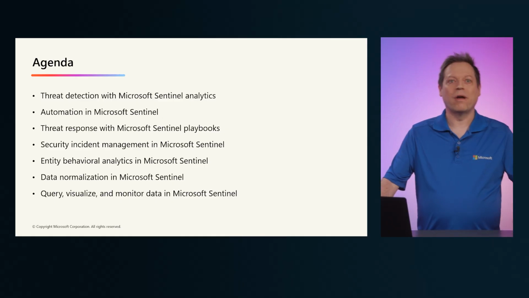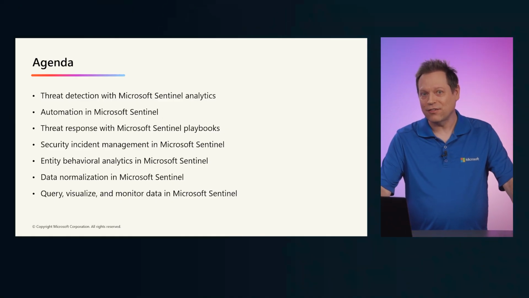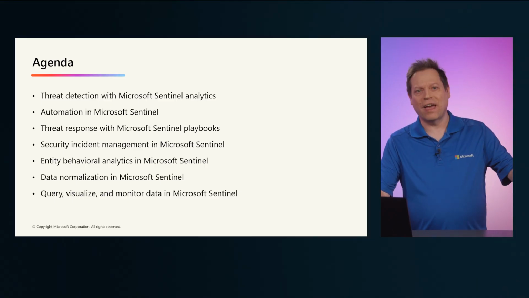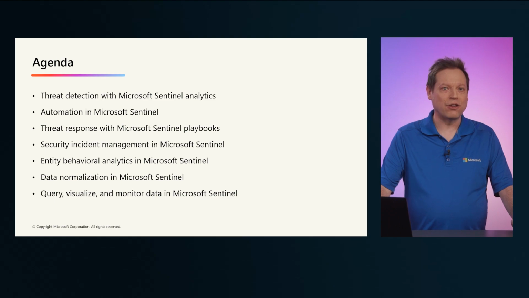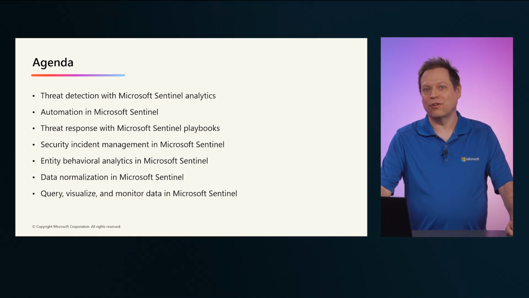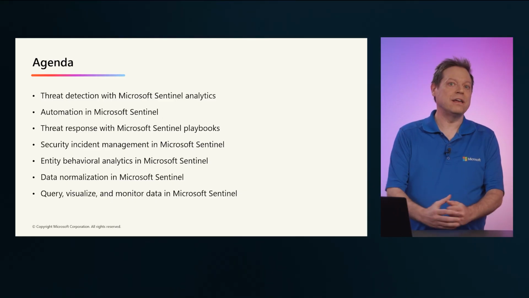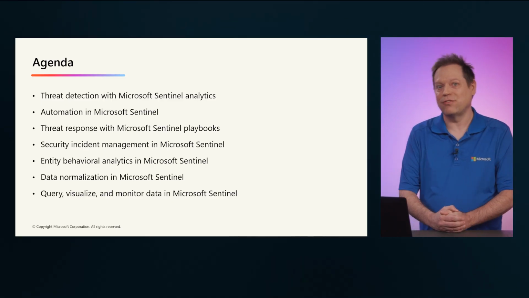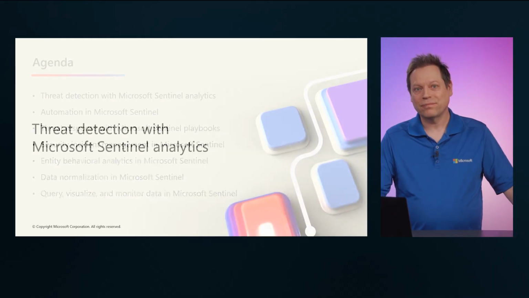Next, we'll explore entity behavioral analysis so you can spot abnormal behavior across users and assets. We'll then cover data normalization, how to query across sources consistently using ASIM. And finally, we'll wrap up by querying, visualizing, and monitoring data using Microsoft Sentinel workbooks.